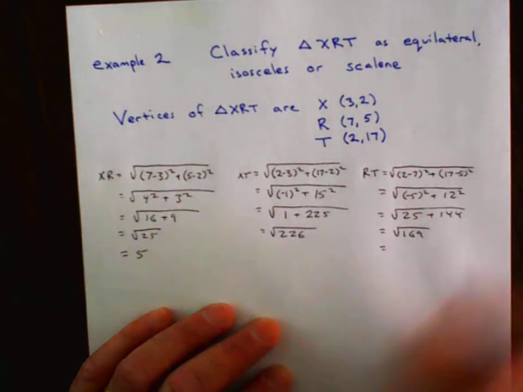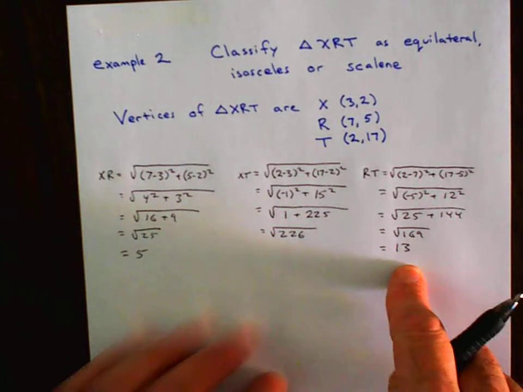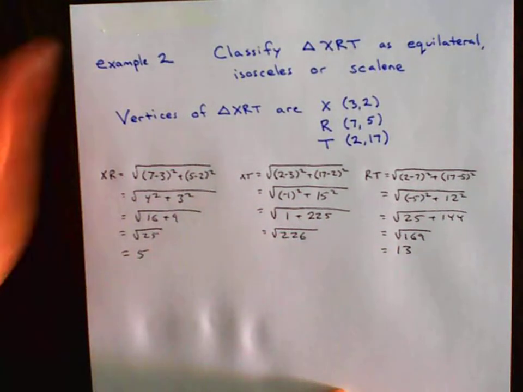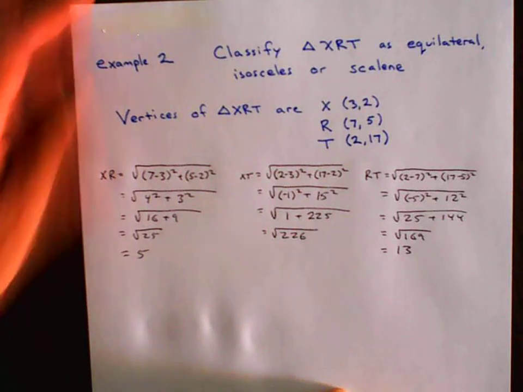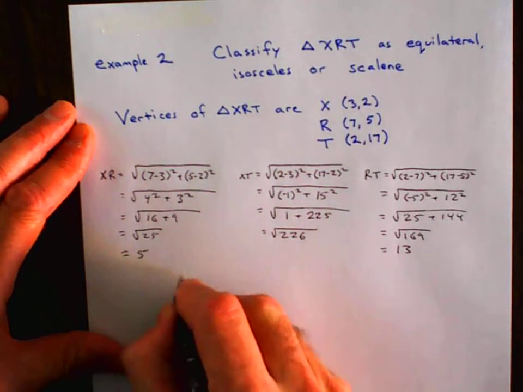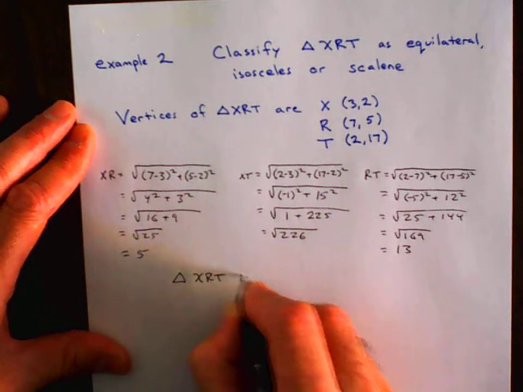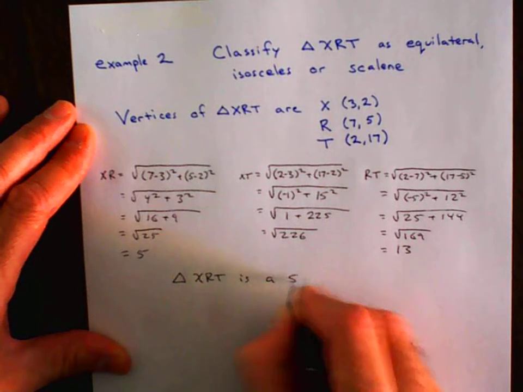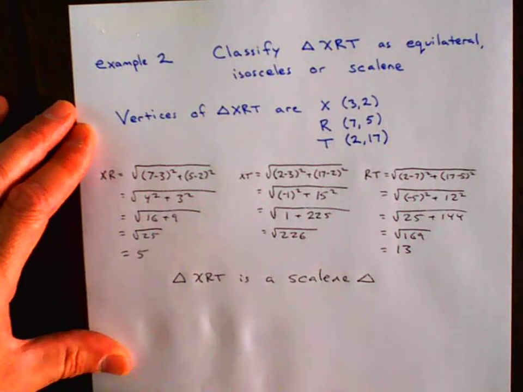Put that in your calculator, you should get 13. So we have 5, a 13, and a square root of 226. Square root of 226, no, 4 won't go into that. We're good. So all three are different. Therefore, triangle XRT is a scalene triangle. And that would be my final answer.